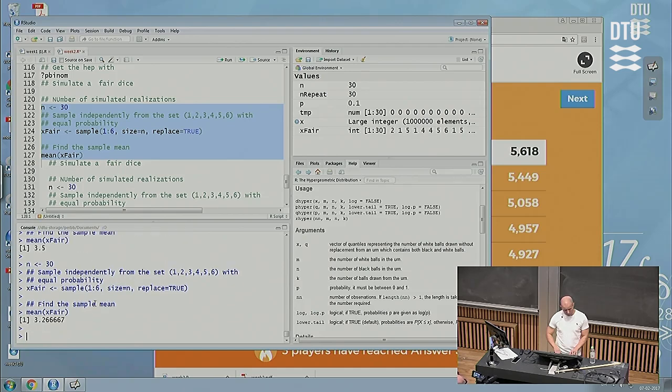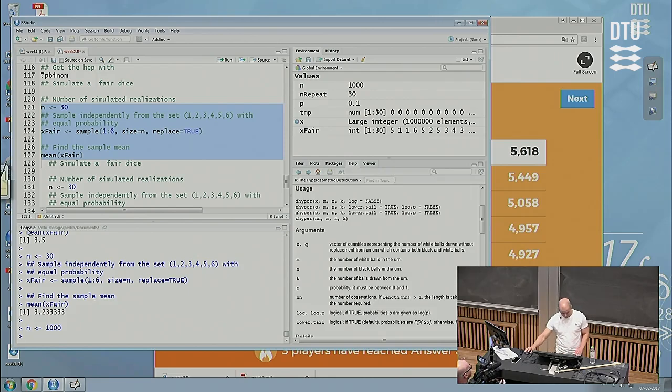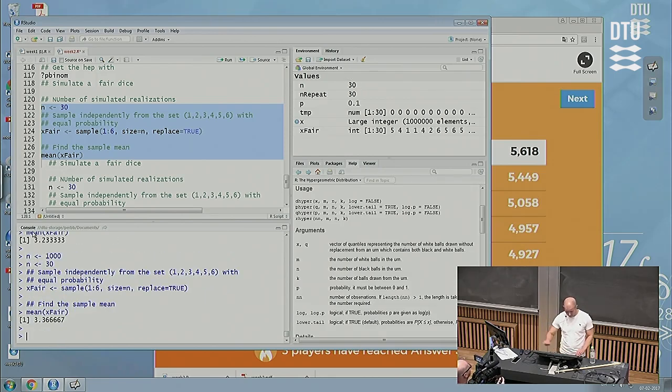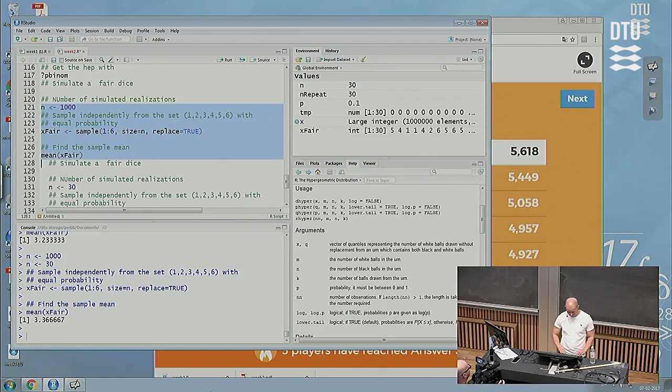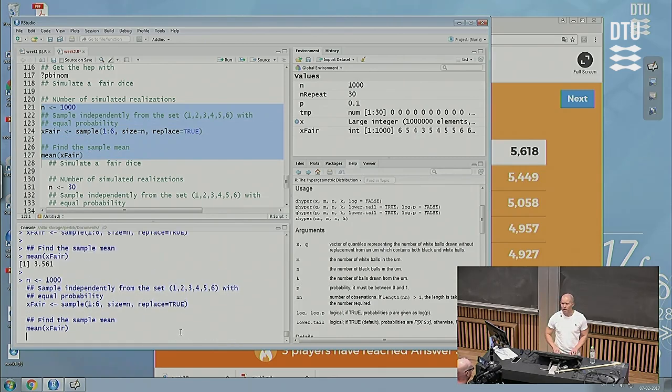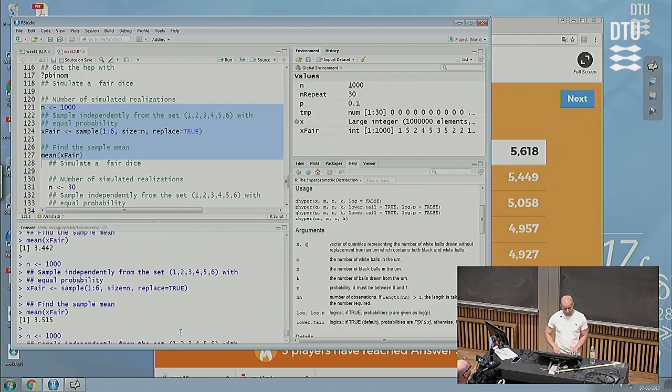Well, it distributes itself around 3.5. What if I put in 1,000? I do it again and again. See what happened when I averaged 1,000 again and again, I get numbers quite close to 3.5 each time.